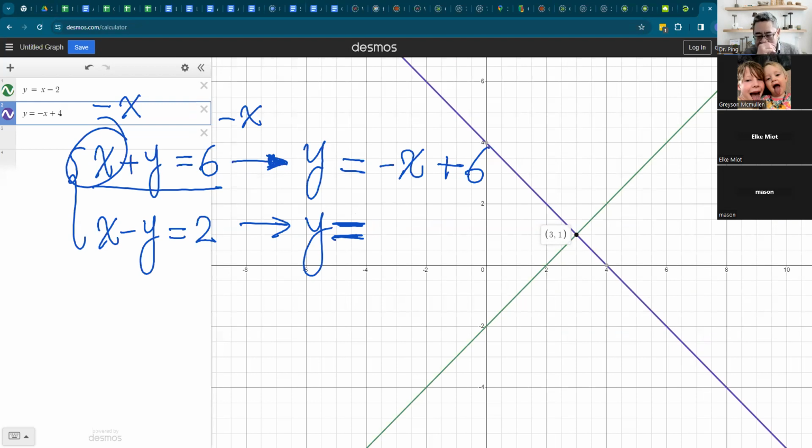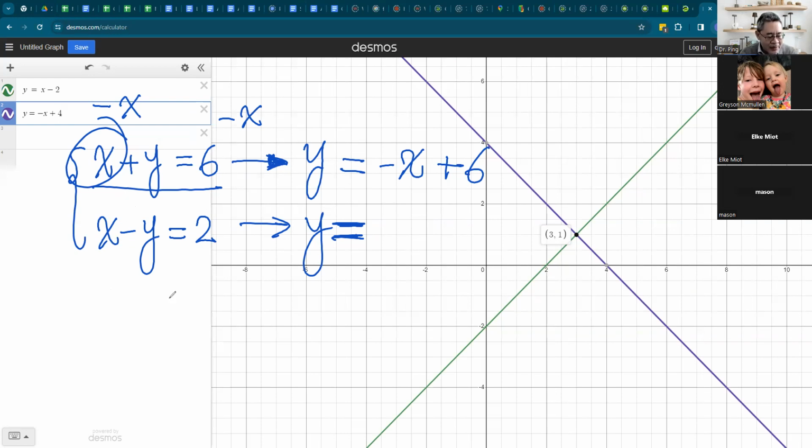Good job, Mason. And Grayson, what will be your answer? Isn't it y equals 2? Nope, because we're going to move x over. So how do we do that? y equals x2 is not a function. We need to have the x.